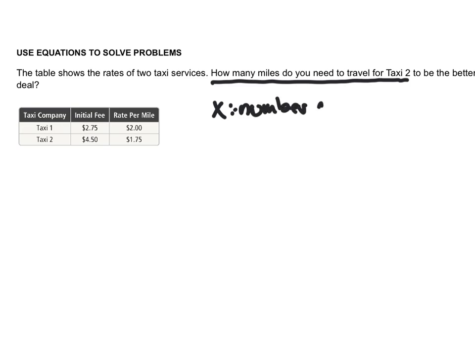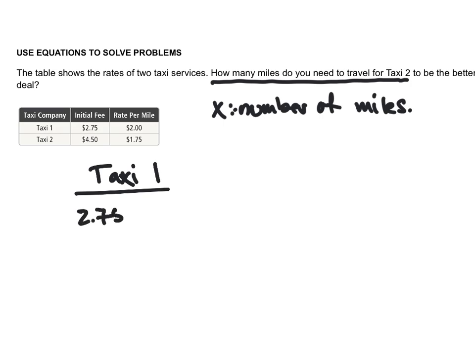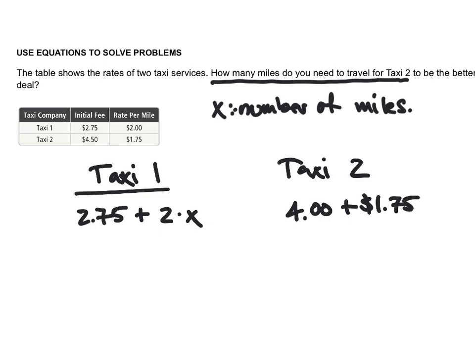For taxi 1, we have our initial fee of $2.75 plus $2 times the number of miles. Taxi 2 has an initial fee of $4 plus $1.75 per mile.